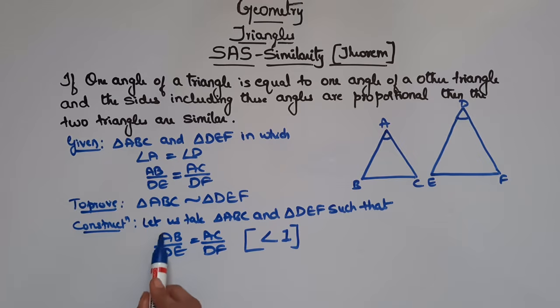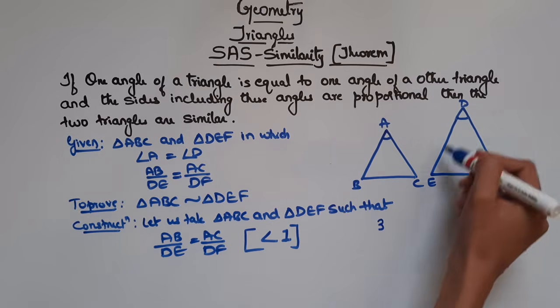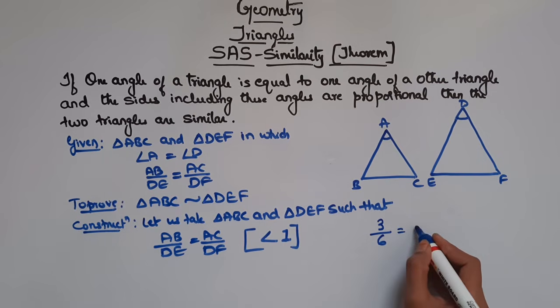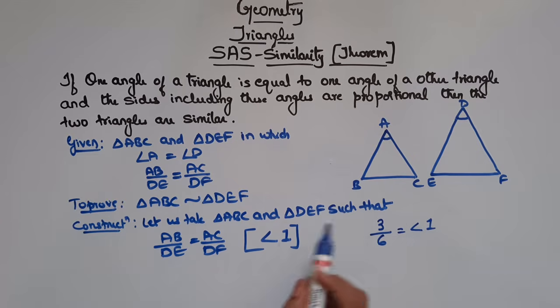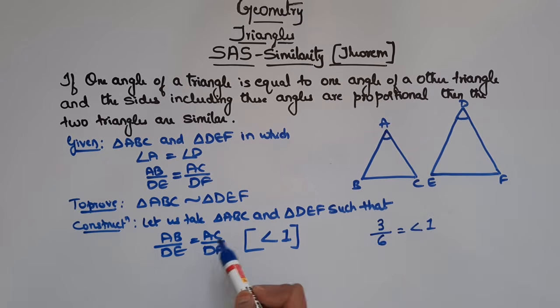So the ratio of the side of smaller triangle by the side of the bigger triangle is always less than 1. Agreed? For example, if you have side AB is 3 cm and your side DE is 6. That is a bigger triangle, right? So this will give you always less than 1. So we are taking the triangle ABC and triangle DEF such that the ratio of their sides, that is AB by DE equal to AC by DF, is less than 1. I hope this is clear, right?